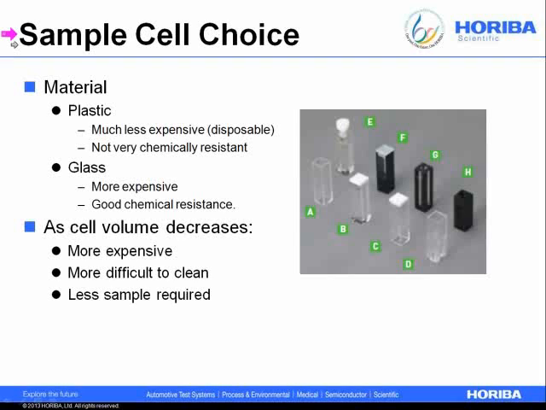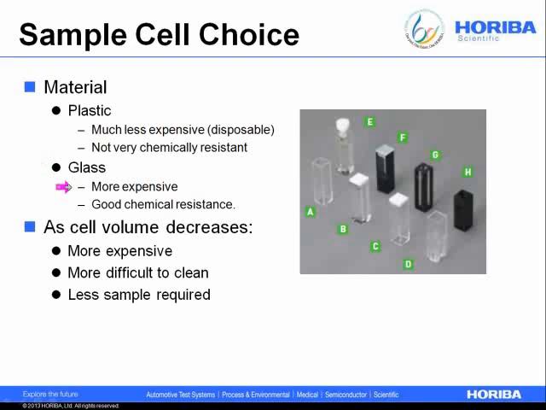Sample cell choice. This is something that you should keep in mind, that you have options. So first, you can pick your materials. Plastic is great because it's very inexpensive and disposable. It's a little weaker because it's not very chemically resistant. So generally you use plastic when you're working with water.